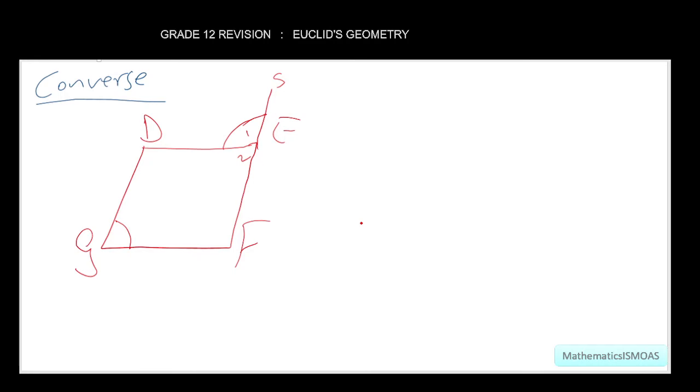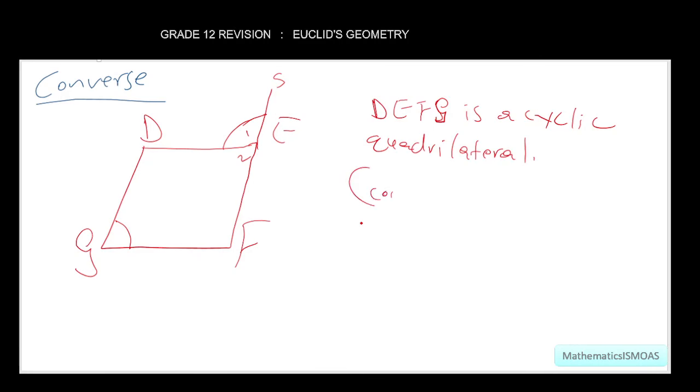therefore, this makes DEFG a cyclic quadrilateral. DEFG is a cyclic quadrilateral. And then the reason will be converse exterior angle of cyclic quad.